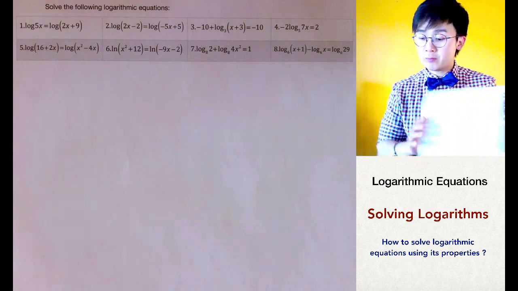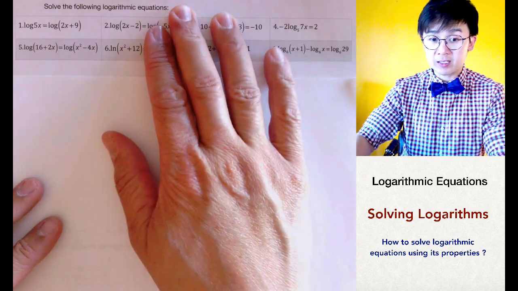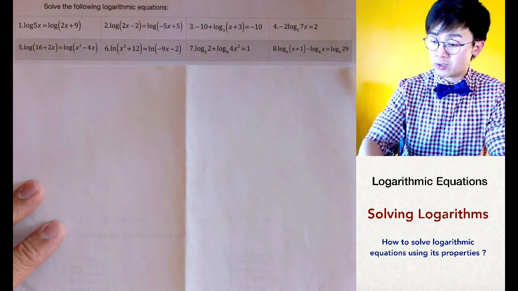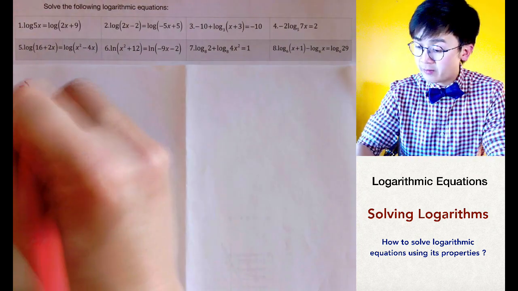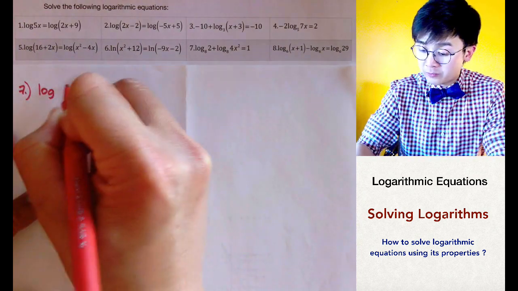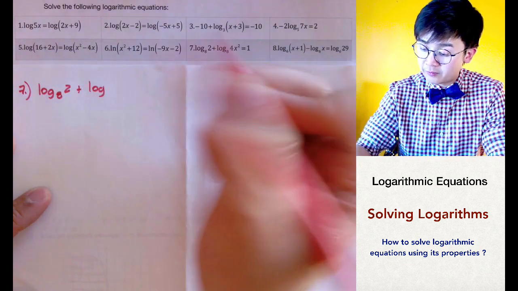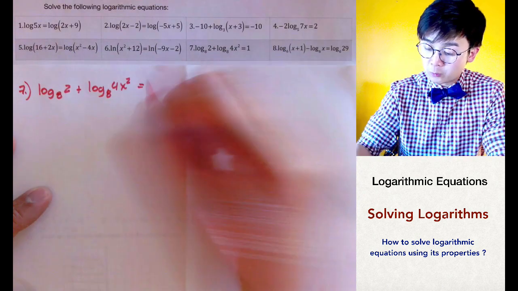And then sa problem number 7, meron tayong dalawang logarithm sa isang equation at saka constant sa kabilang equation. So gagamitan natin to ng properties of logarithm. So number 7, we have log of 2 base 8 plus log of 4x squared base 8 equal to 1.